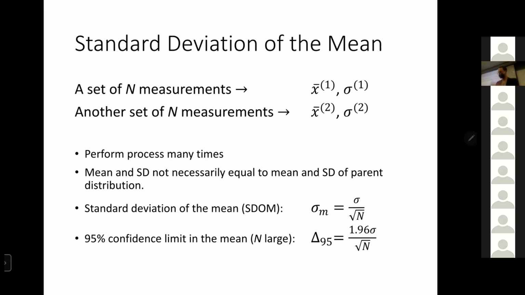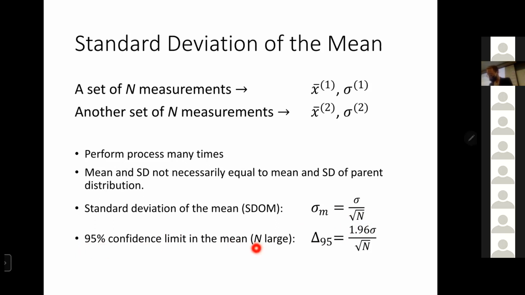For example, if you want to decrease the confidence limit by a factor of 10, to get a 10 times more precise value, you would have to take 100 times as many measurements. Let's say a set of measurements took you 3 hours to do in lab. If you wanted a result that was 10 times more precise, you would have to spend 300 hours measuring, which most of you probably don't want to do. So there is a limit to how much advantage you can get from averaging.